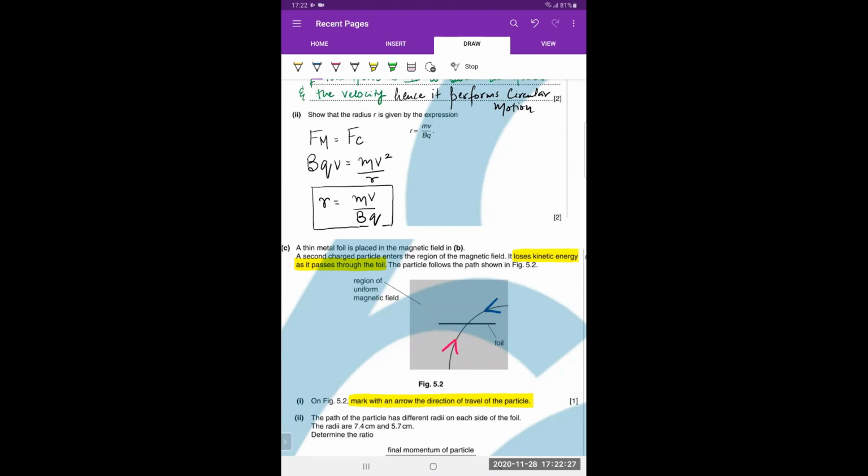Keep in mind, after passing through the foil, the question says it is bound to lose its kinetic energy. So I would go with the red path. The reason is, if you compare the diagram, you can clearly see there is a larger radius for the red path. Compare the curvature. Therefore, we can say the speed is greater.